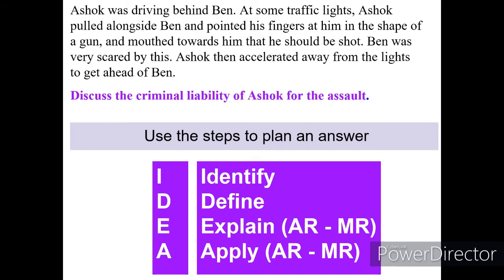This is taken from the old AQA AS paper. I'm just using it to help you look at just assault. Unfortunately, your scenarios will be a lot more complicated than this, but let's keep it simple for the moment. So let's start with these steps.